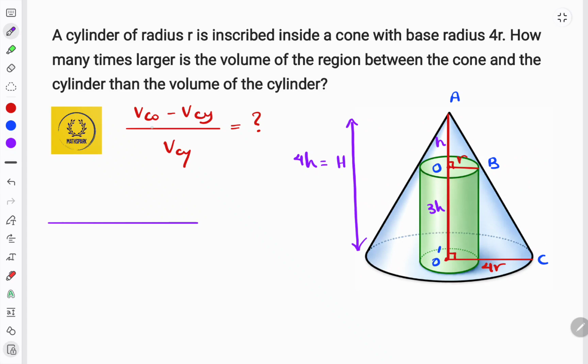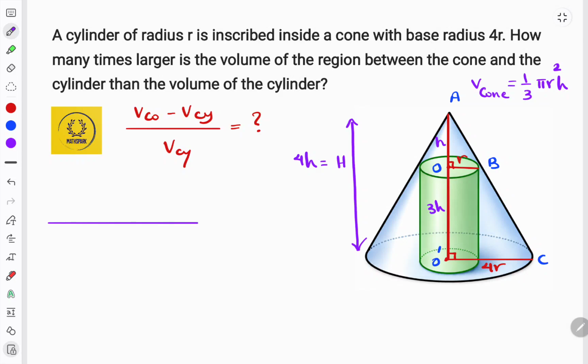For finding the volume of cone, the volume of any cone is 1/3 pi r squared h, where h is the height and r is the radius.